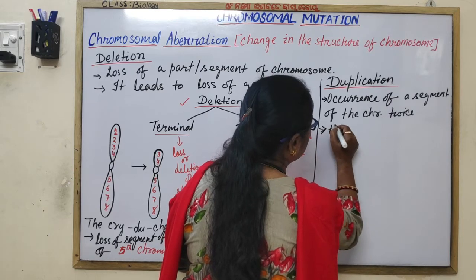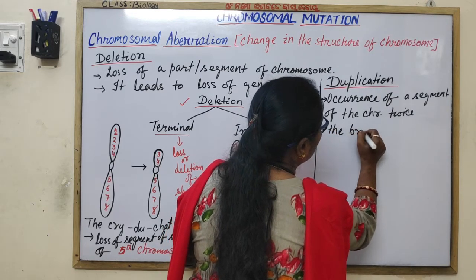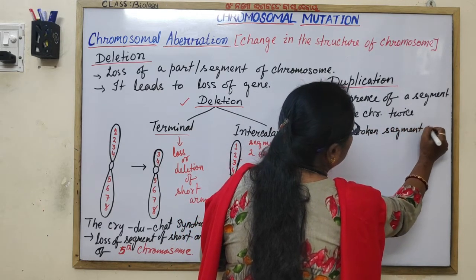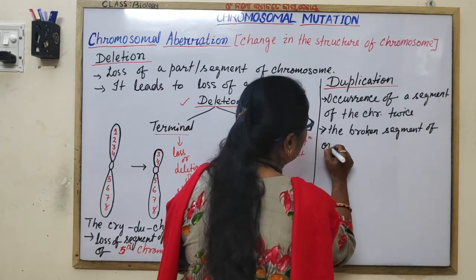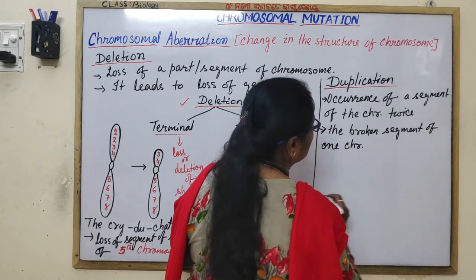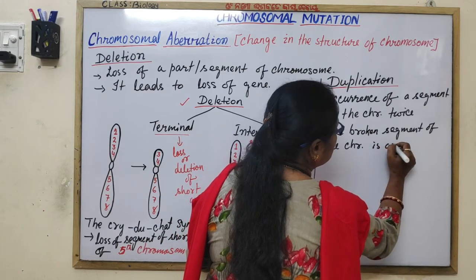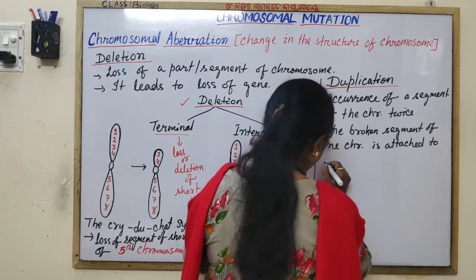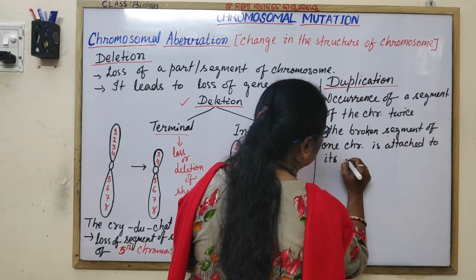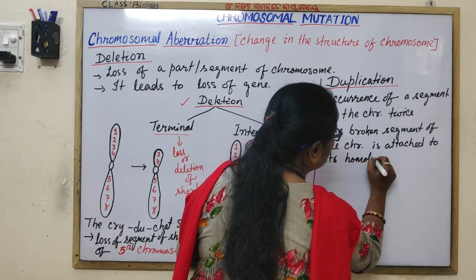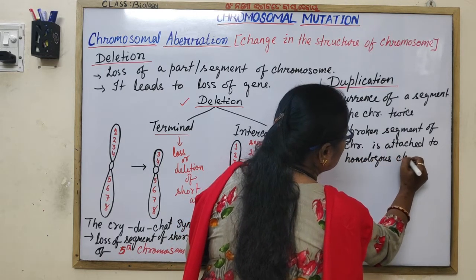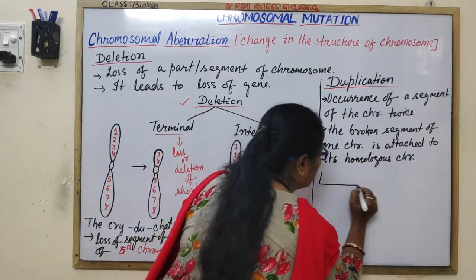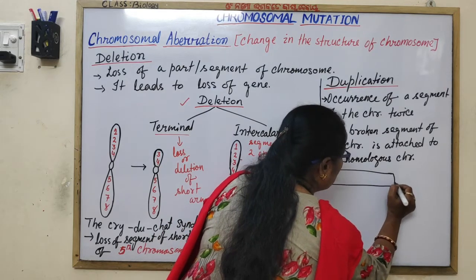The broken segment of one chromosome is attached to its homologous chromosome. So how it occurs, let us say this is suppose one chromosome.